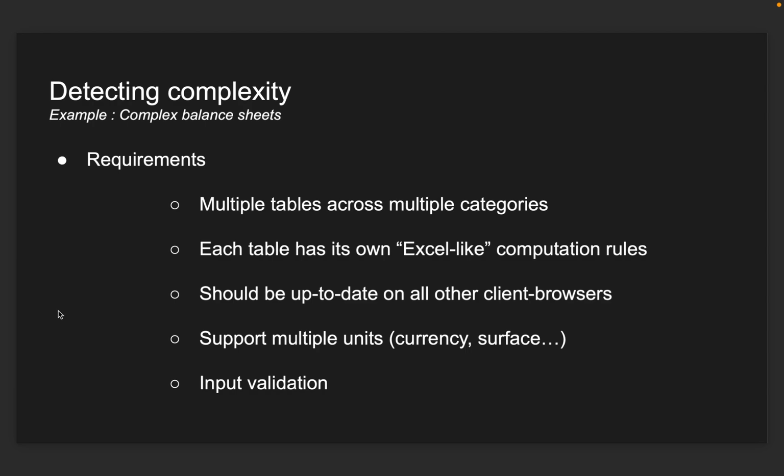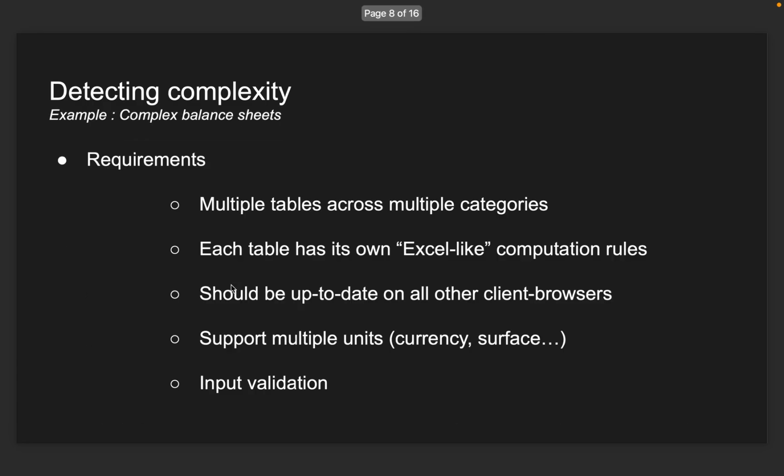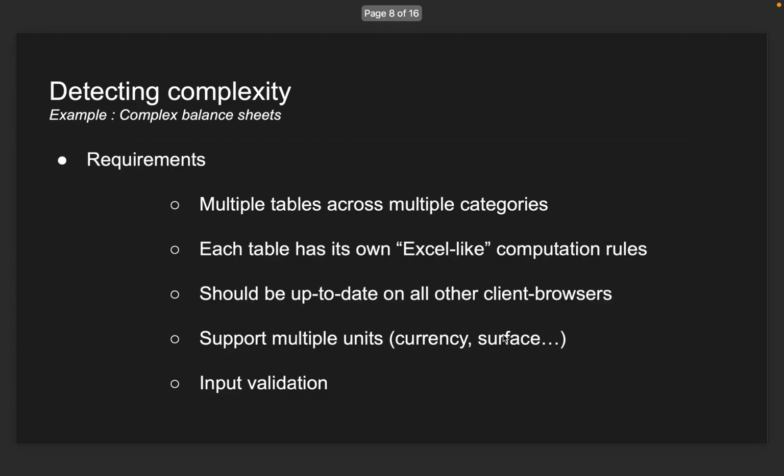For this balance sheet tracker, we have multiple tables across multiple categories. As you can see here, this is one category, and then this is one table, but we have multiple categories. And then each table has its own Excel-like computation rules. So for example, here, some fields can be input fields, and some fields are computed directly based on formulas linked to other cells.